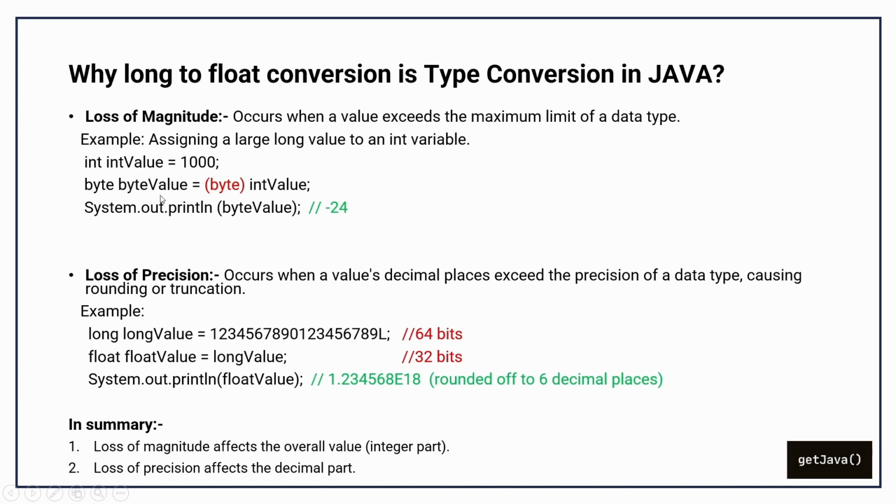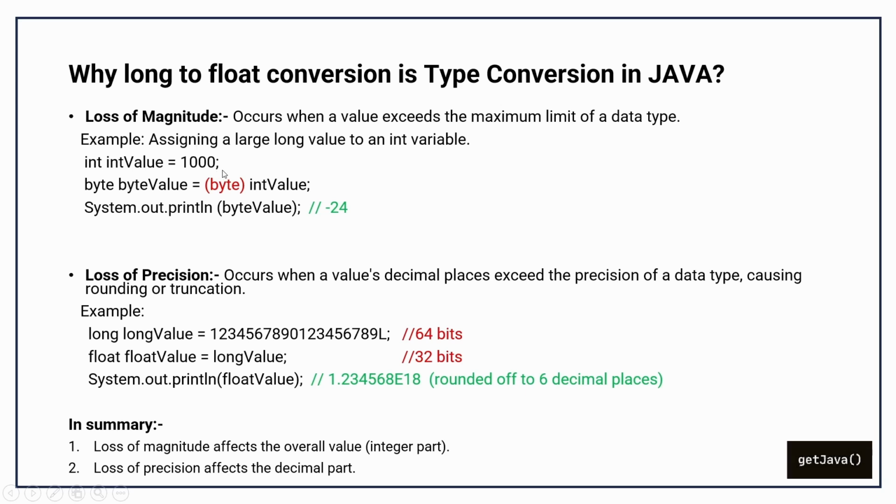Because, as we saw in the previous example, when we convert int to byte there is a loss of magnitude: the initial number is 1000 and it is changed to -24, so the entire number is getting changed. But when we convert this long to float, the number is just rounded off and the precision is lost.